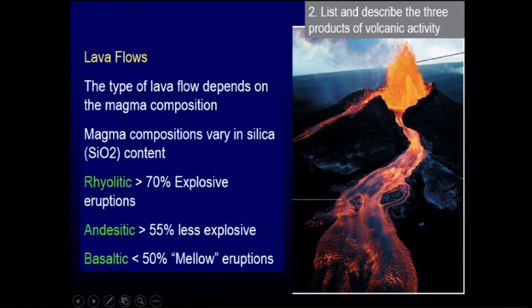High silica lavas, like rhyolitic ones, are explosive eruptions. Low silica magmas, like you would find in basaltic lavas, are more mellow, more quiet eruptions. Okay? So we might talk about this whole issue of viscosity and gas content one more time.